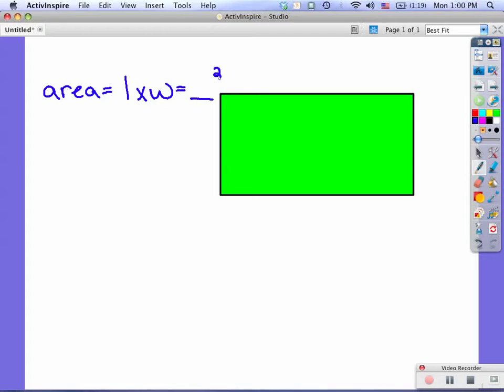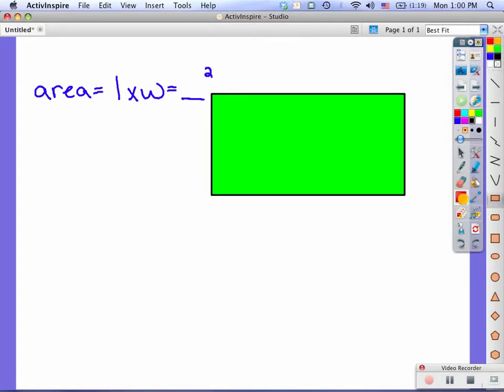Because when you talk about area, you're talking about specific sizes, like maybe a square foot, a square yard.